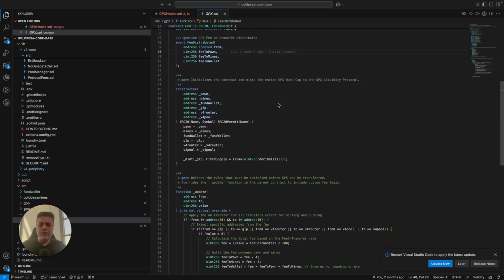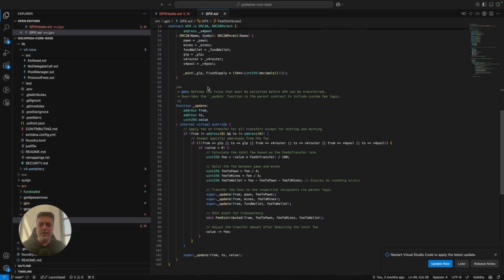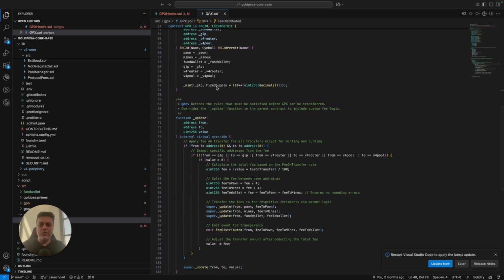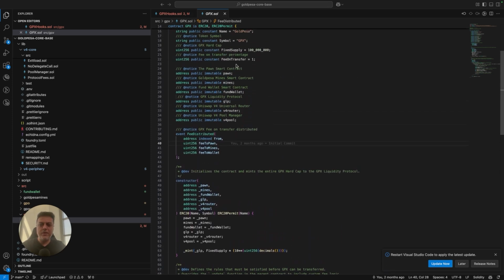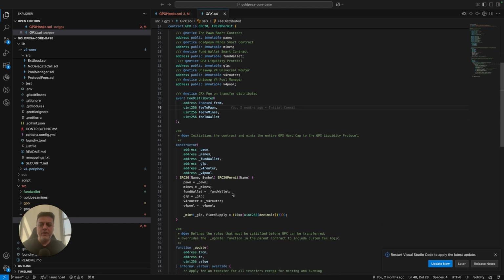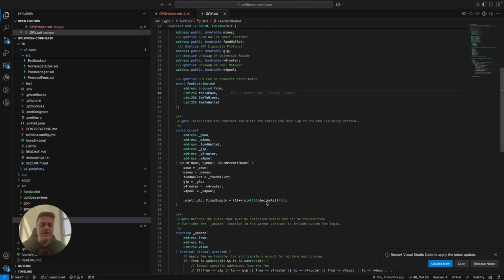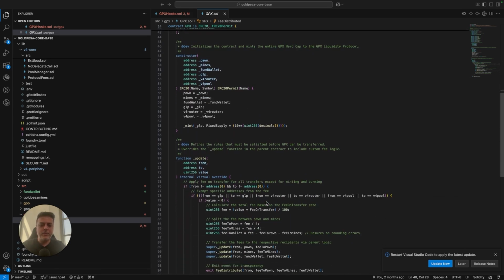And when you look into this contract, you see that when the contract is first created, the entire fixed supply of 100 million is minted and sent to the GoldPesa liquidity protocol, which is the GoldPesa hooks contract. We'll get into that in another video because it gets a bit complicated.